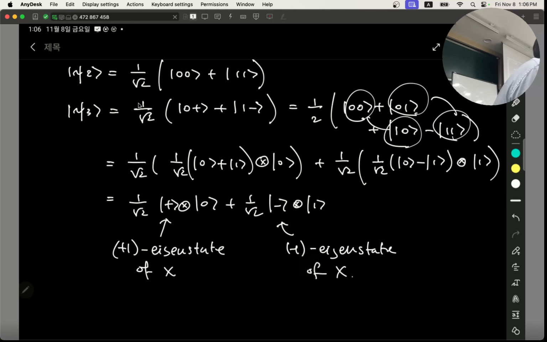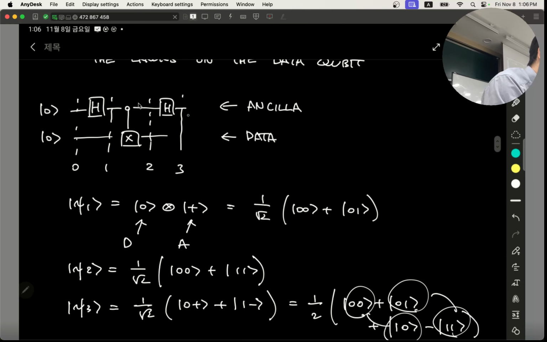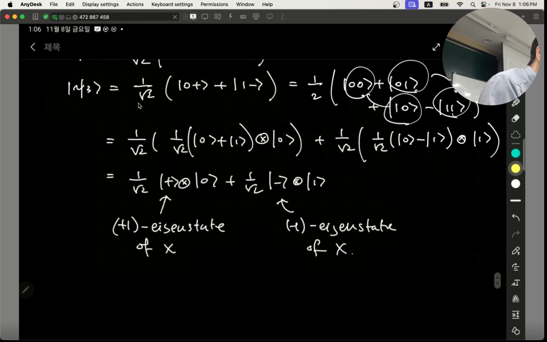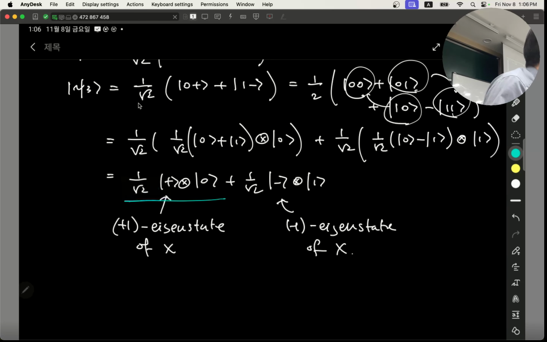So what we do next is measure the ancilla qubit. We take the measurement at the end. When you take the measurement, either the first state is observed or the second state is observed. Whichever we observe here, we still get an eigenstate.